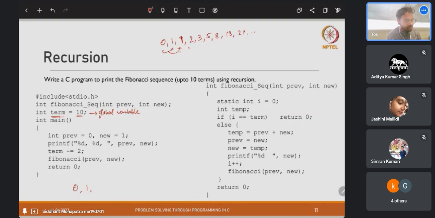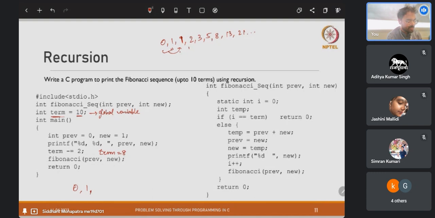Now what we do next is reduce the value of term by 2, because we now need only 8 more terms. The first 2 terms we have already printed, so we need 8 more. So term becomes 8 now, from 10.